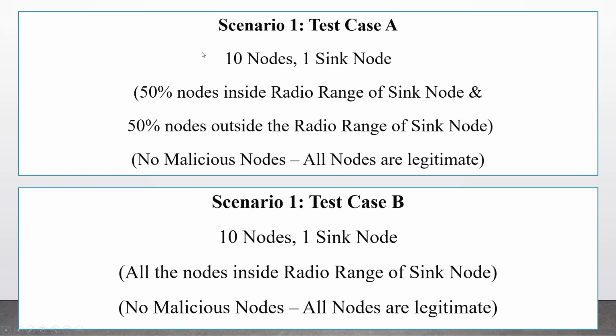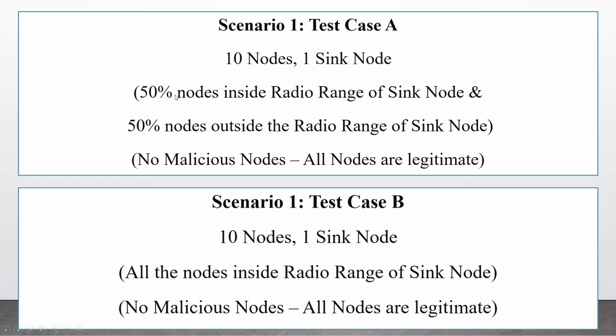So I'm going to have 10 nodes and one sink node. Now we are going to design the topology using Contiki. While creating the topology, I'm going to keep 50% of the nodes inside the radio range of the sink node.